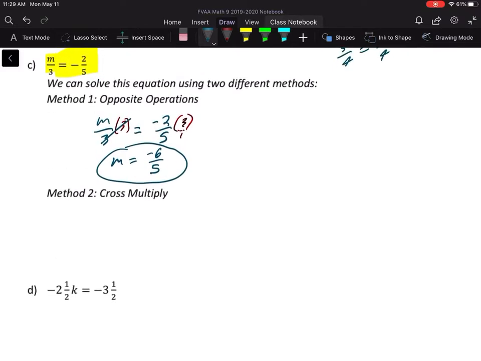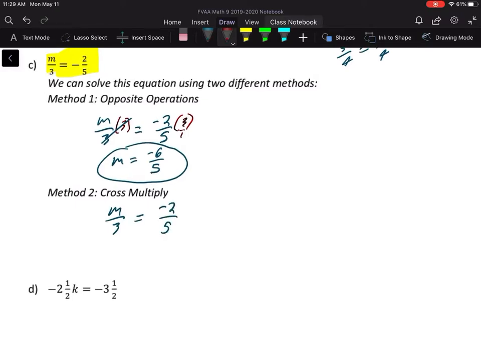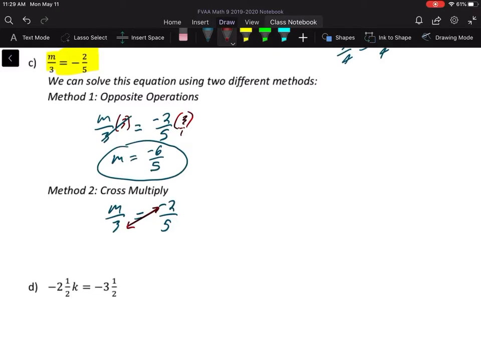Or you can cross multiply. Let's just rewrite this. For cross multiply, if I take the denominator of one times the numerator of the other, the product of the 2, that's going to equal the product of the denominator of the other and the numerator of the other. So negative 2 times 3, the product of those 2, is equal to 5 times m.